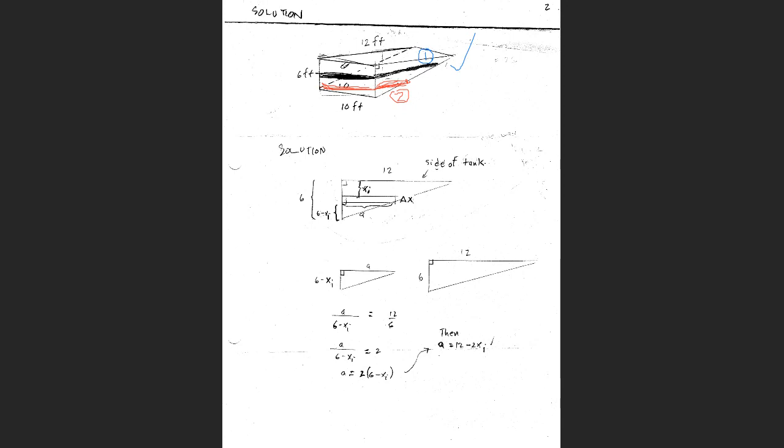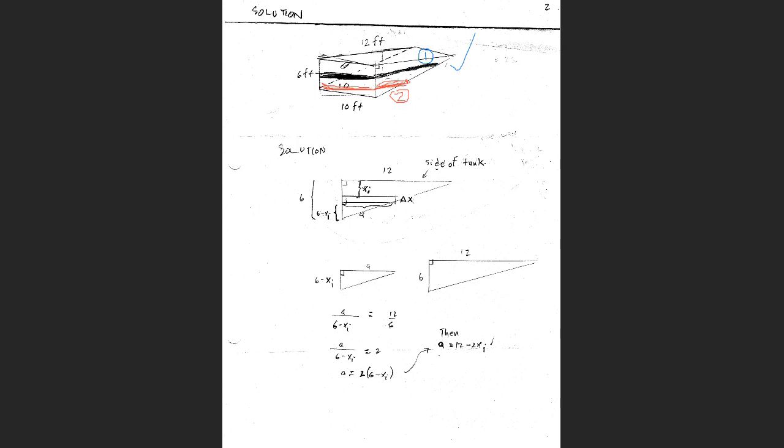But which layer of water is closer to the top of the tank, layer 1 or layer 2? Layer 1. So layer 1, even though it's heavier than layer 2, is less of a distance to pump out of the tank. In that sense, it makes the work less.